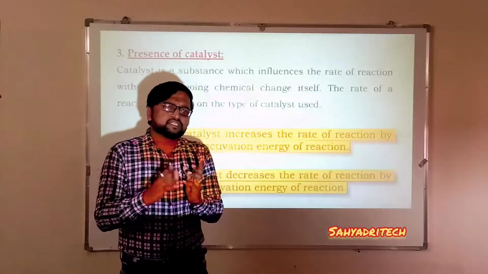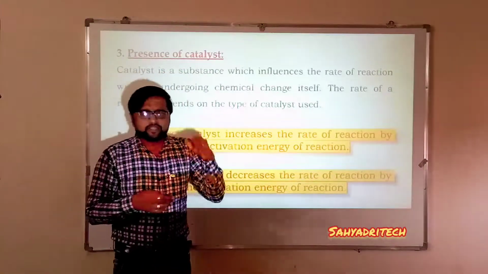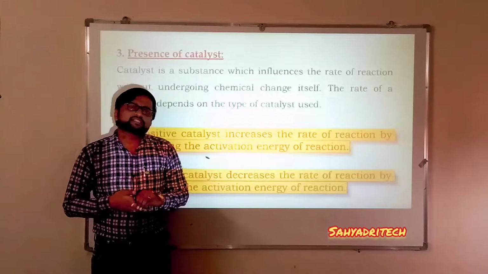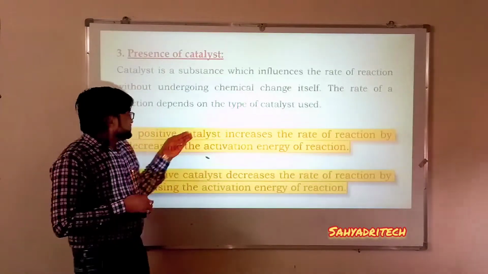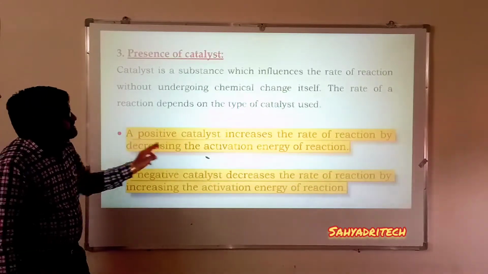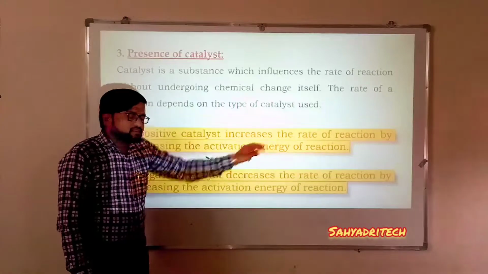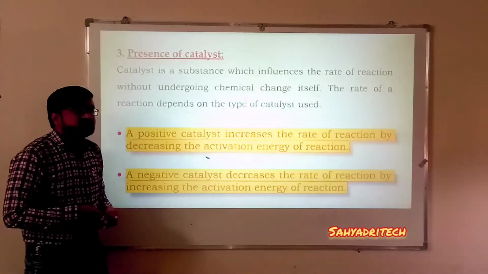If that substance increases the rate of a reaction, then we call it a positive catalyst. If it decreases the rate of a reaction, then it is called a negative catalyst. As I said, two kinds. A positive catalyst increases the rate of a reaction, while a negative catalyst decreases the rate of a reaction.